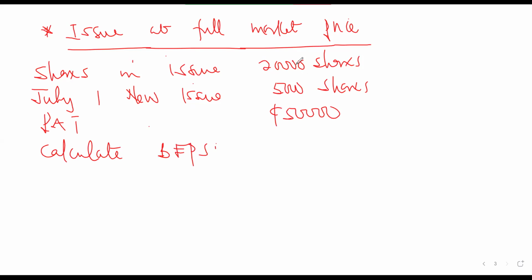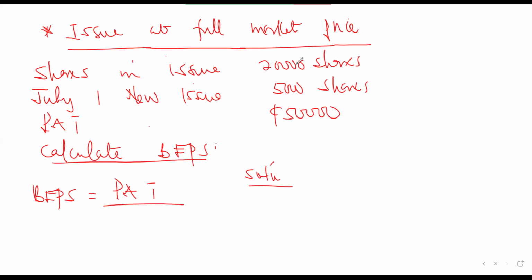We know that our basic earnings per share is calculated as profit over total number of shares. So we have profit after tax over the weighted average number of shares.